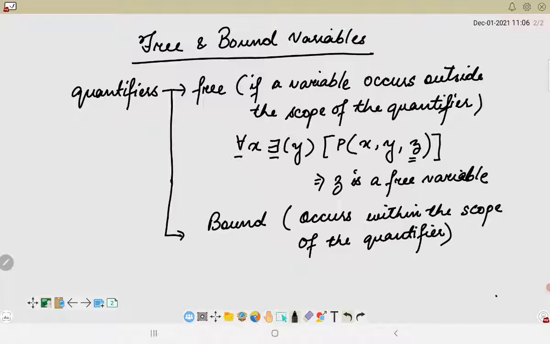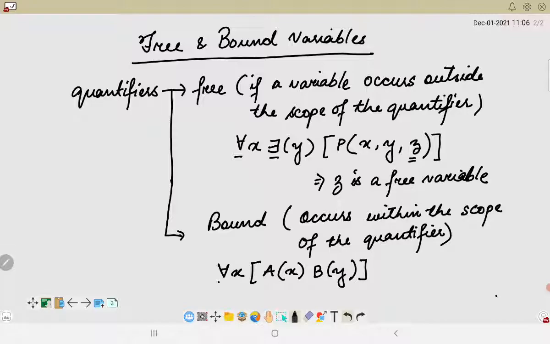Now here, if I am considering for all x, then we have a predicate A of x and B of y. So here x and y are both bound variables.